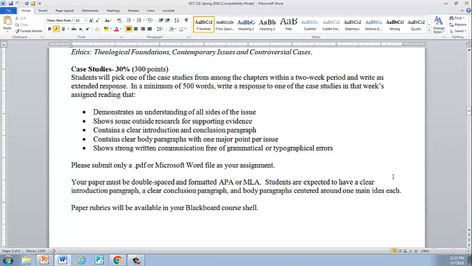So submit either a PDF or a Microsoft Word file as your assignment. Use the grader that's in Blackboard that helps me grade it. That does best with a PDF or a Microsoft Word file. If you try to submit a Google Docs file, Google Docs usually prints to PDF anyway, if I'm not mistaken. But if you have Pages on a Mac, it won't open that.